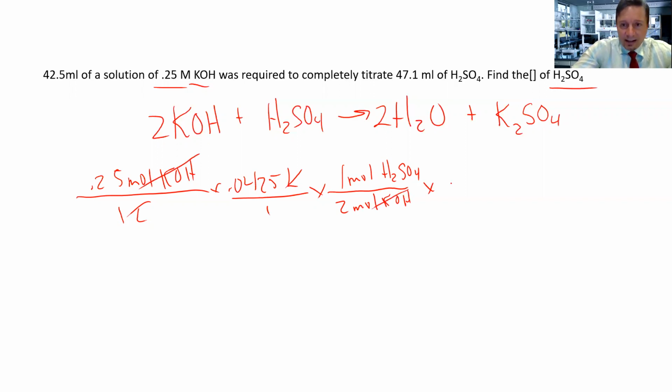And then I could come back and go moles over liters, and it says I have 0.0471 liters. So this comes out to, if I plug this in my calculator, 0.25 times 0.0425 divided by 2.